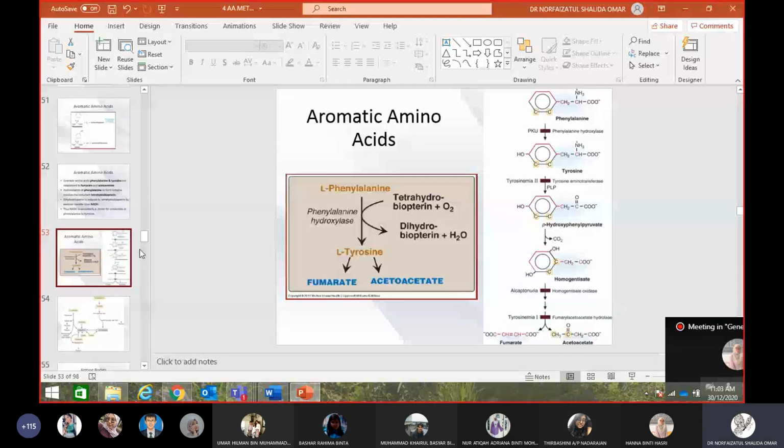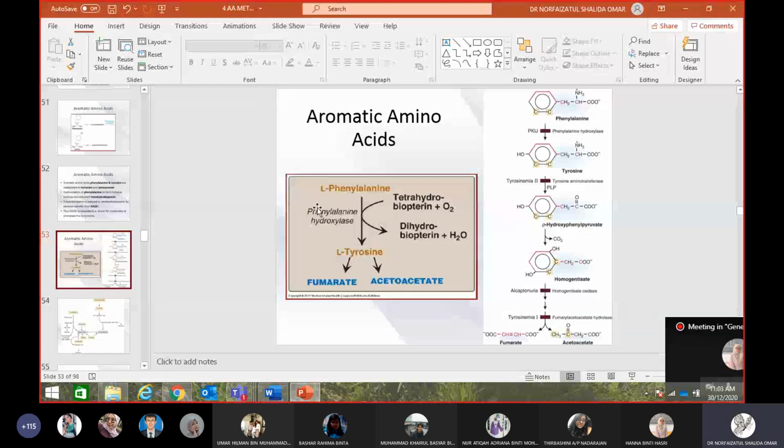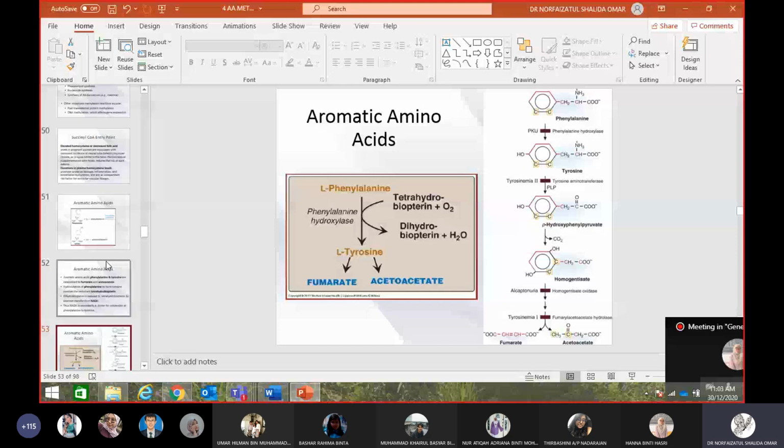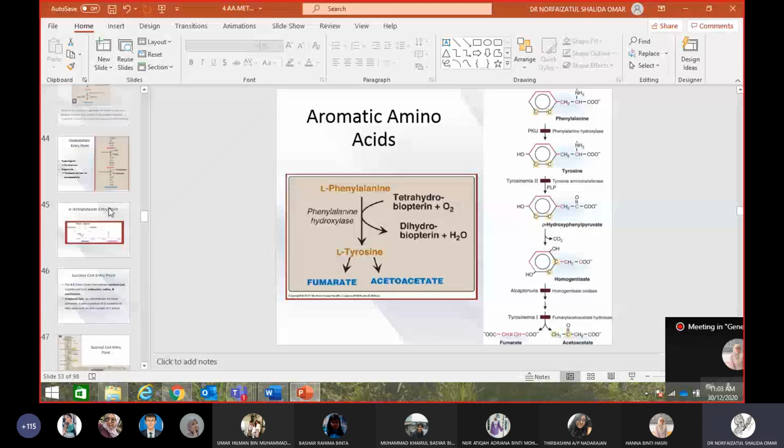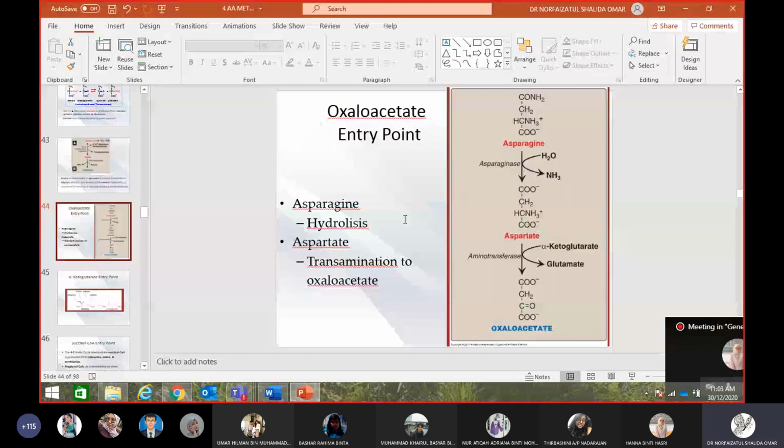Which is why these enzymes are all important. If there's a defect of an enzyme, it will cause disease. Okay, what else? For the oxaloacetate entry point, we have asparagine and aspartate, which I mentioned just now.